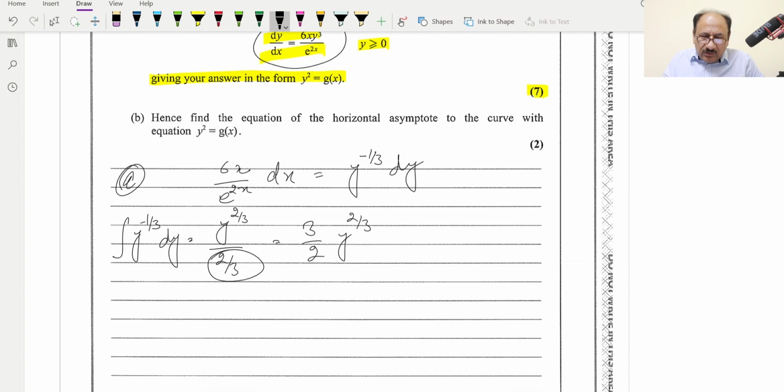So this 2 by 3 is taken as reciprocal, so it will be 3 by 2. Now we can take the integral of this side also, and the integral of this will be 6 integral of x e raised to minus 2x dx.